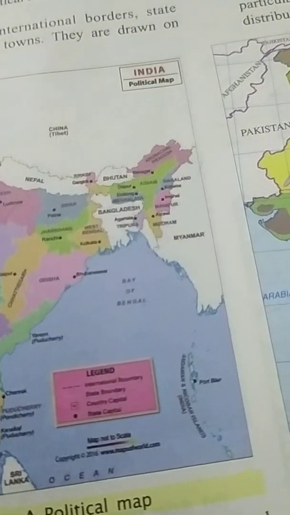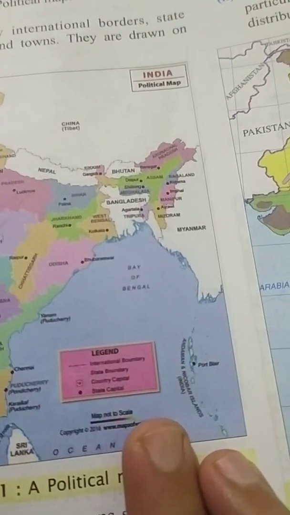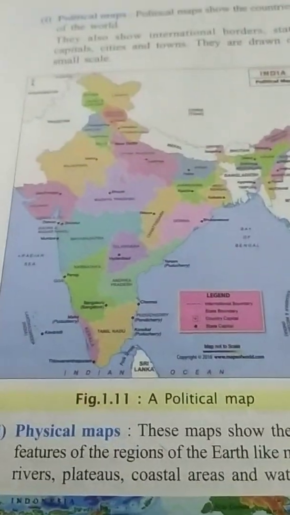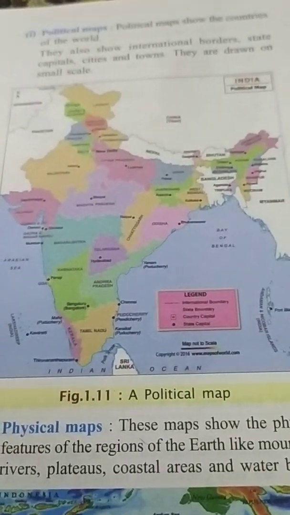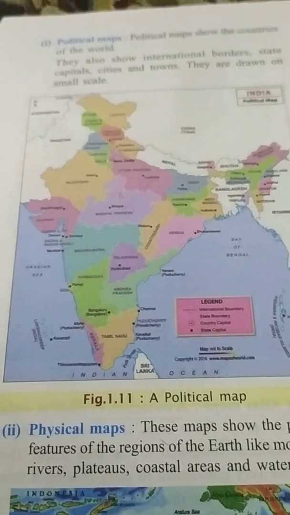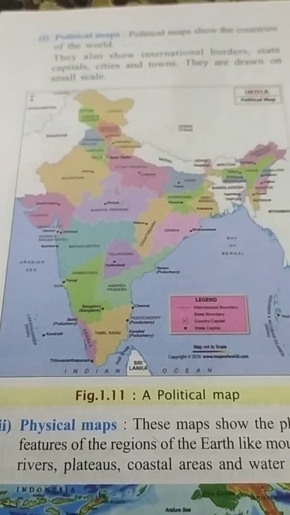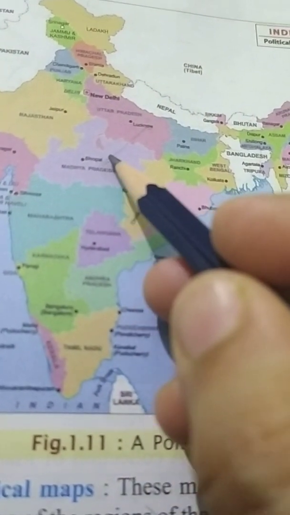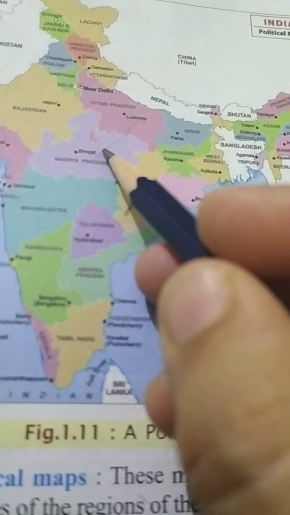As I told you, it's written here that this map is not to scale, but most of the important maps, the perfect maps, are drawn up to a scale, and it's mentioned that 1 centimeter covers how many kilometers.